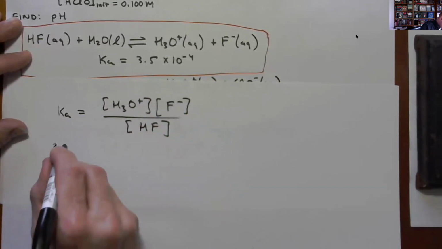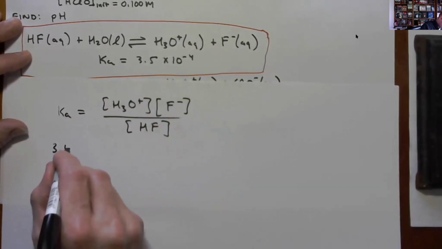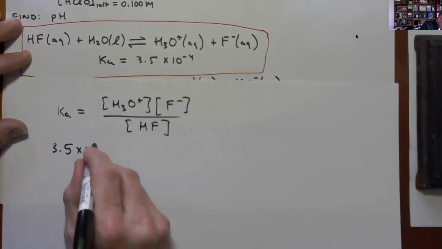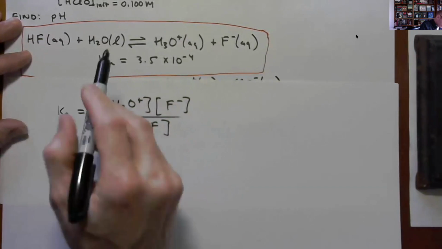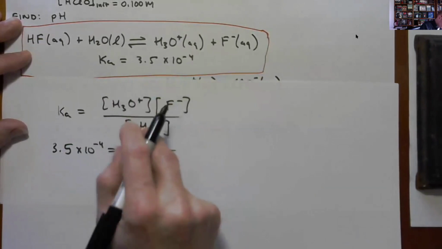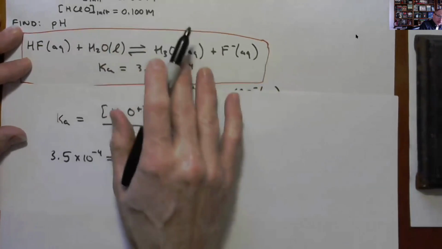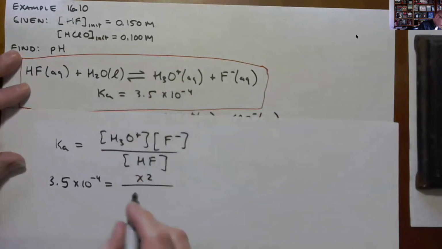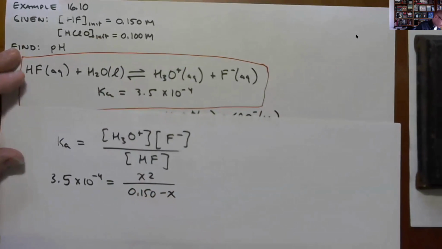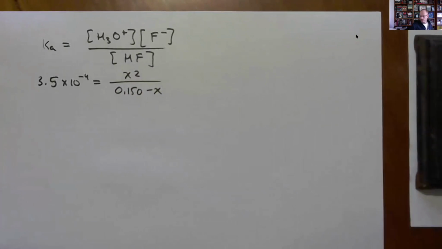And so this is 3.5 times 10 to the minus 4. And if x moles, so we're going to have our old standard, and the initial was 0.15 molar, 0 minus x. So that's the system we're solving.